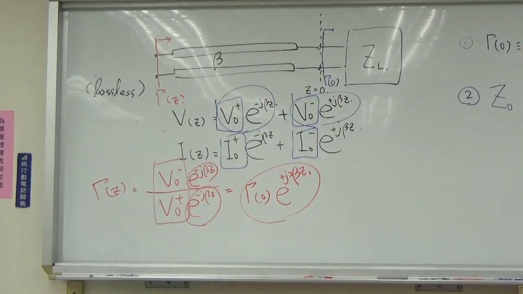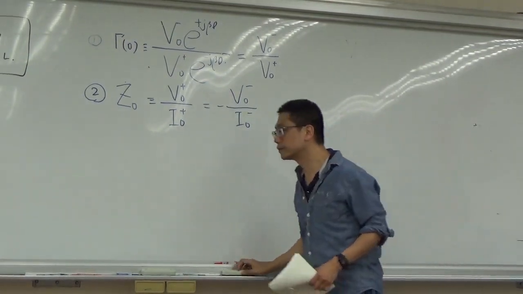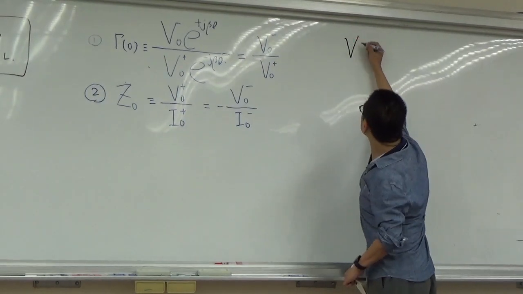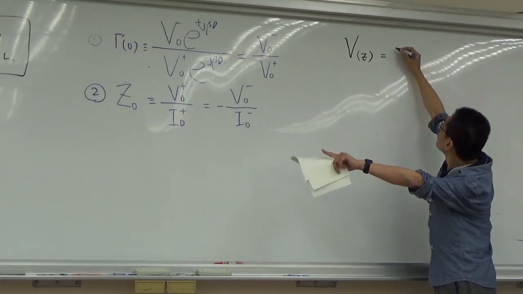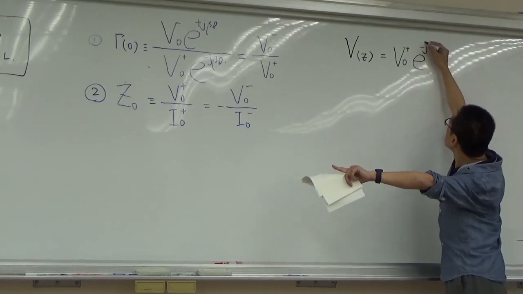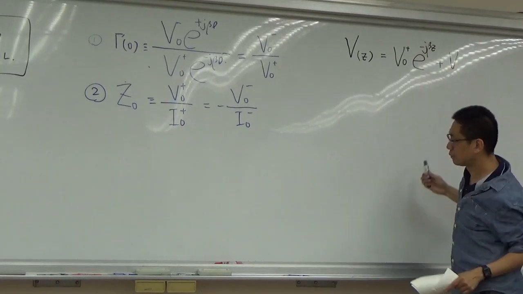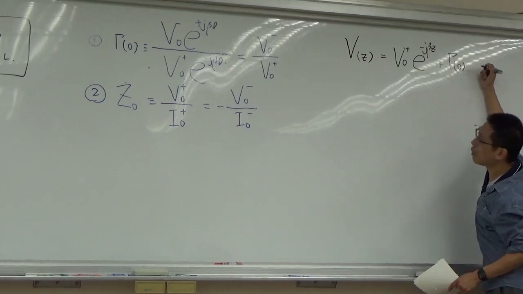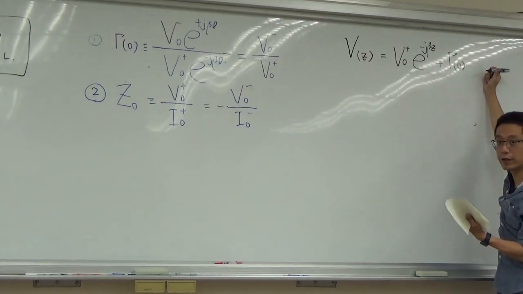We can obtain the new voltage, which is still V0 plus multiplied by exponential minus j beta z, plus V0 plus times gamma 0, the reflection coefficient, which is a ratio between negative and positive voltage, right?